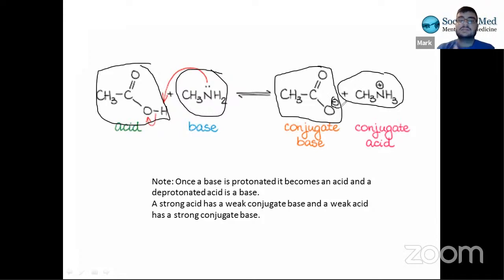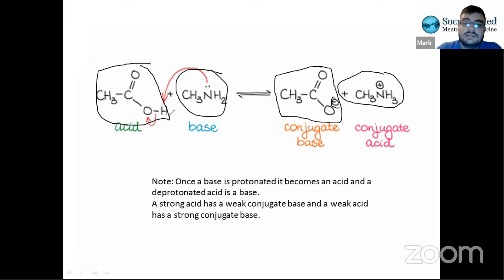So you see, once an acid deprotonates, it becomes a base. When a base protonates, it becomes an acid. A strong acid always has a weak conjugate base, and a weak acid always has a strong conjugate base, and the same applies in the other way.